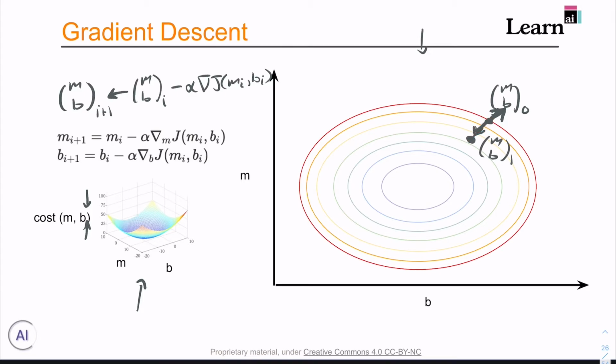What's the direction of steepest descent? This way, so we're going to add that, and we get MB2, right? And you can see that if we keep doing this, we're going to end up somewhere in this lower circle, and we're going to stop when there's nowhere more down to go, right?